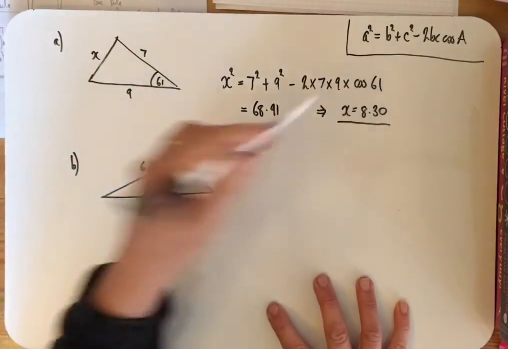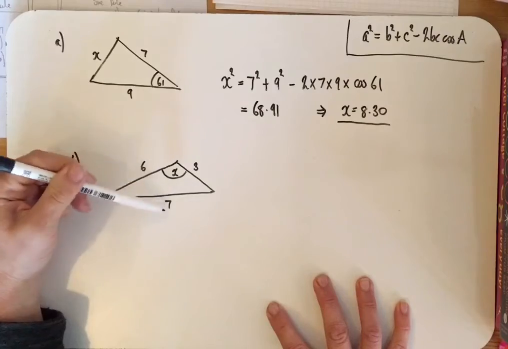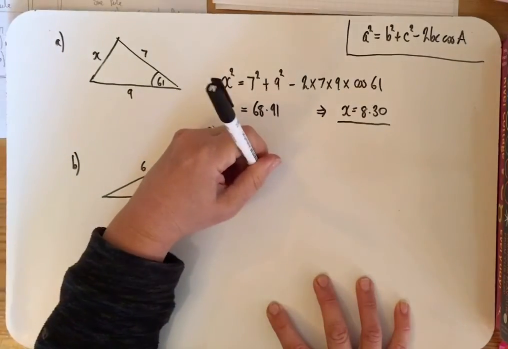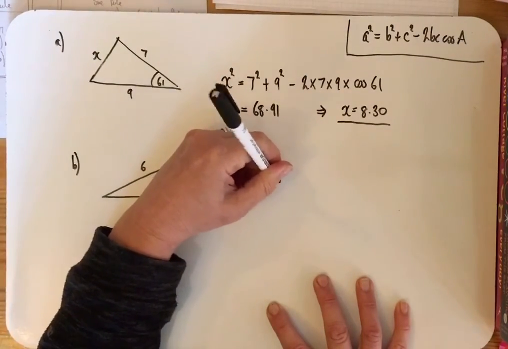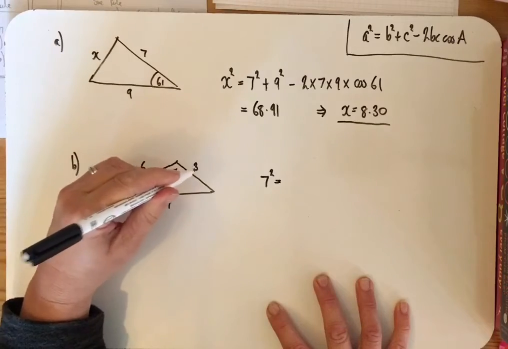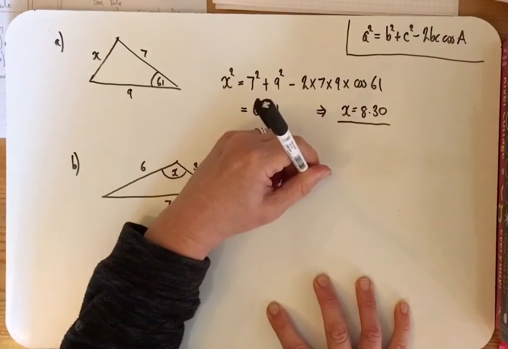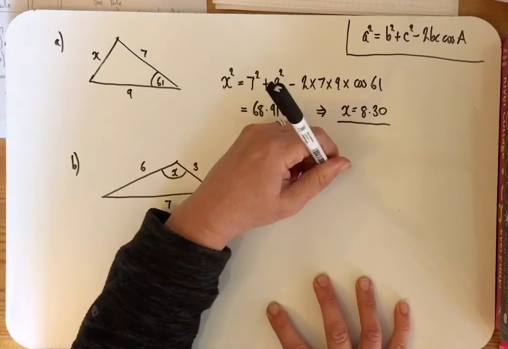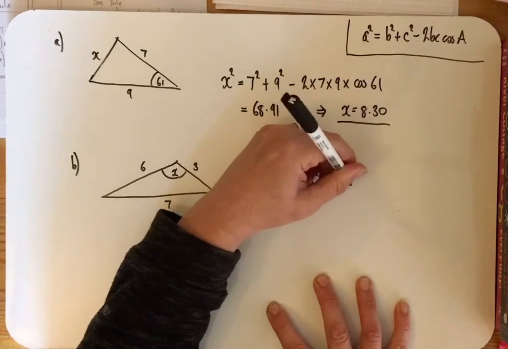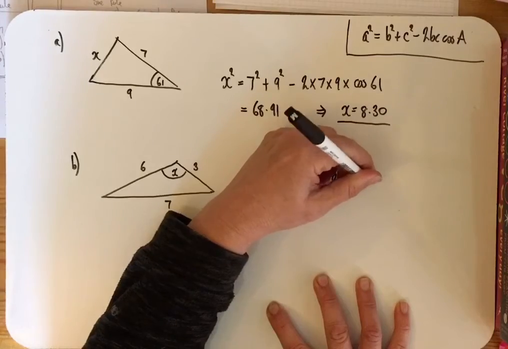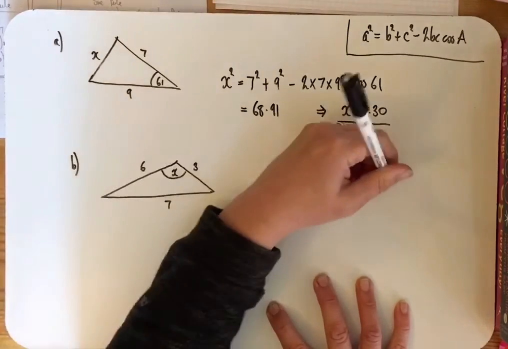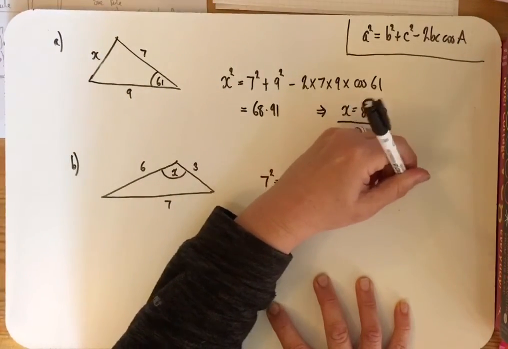So the left-hand side is the side opposite the angle, and so 7 squared is equal to 6 squared plus 3 squared minus 2 times 6 times 3 times cos of the included angle.